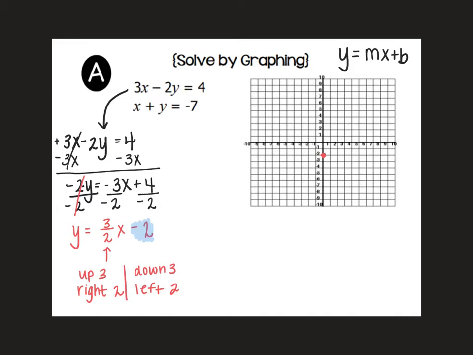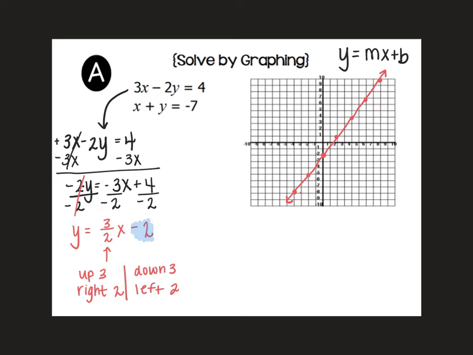So I'm going to start by going up 3, right 2, up 3, right 2. And then I'm going to also go down 3, left 2. And so you can see that I've created this line that goes across my graph. I just want to connect it, put arrows on the end.